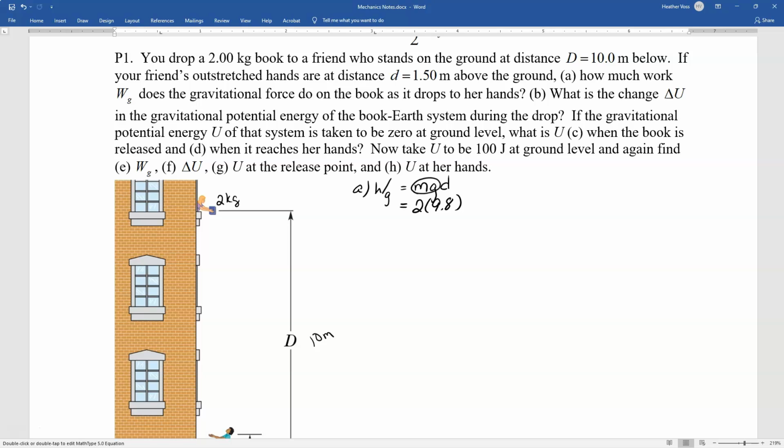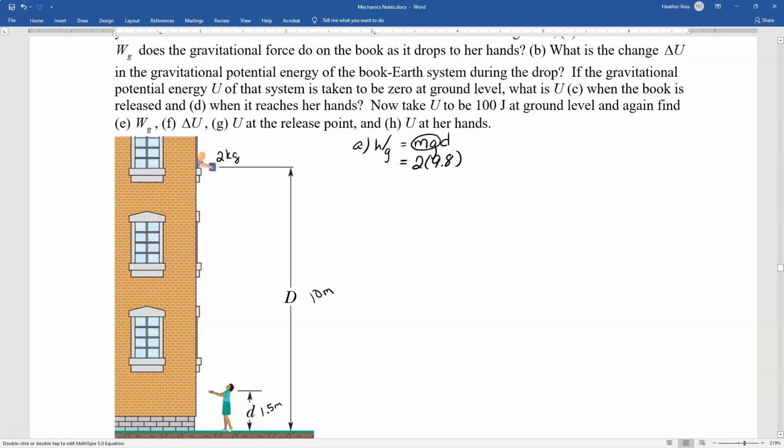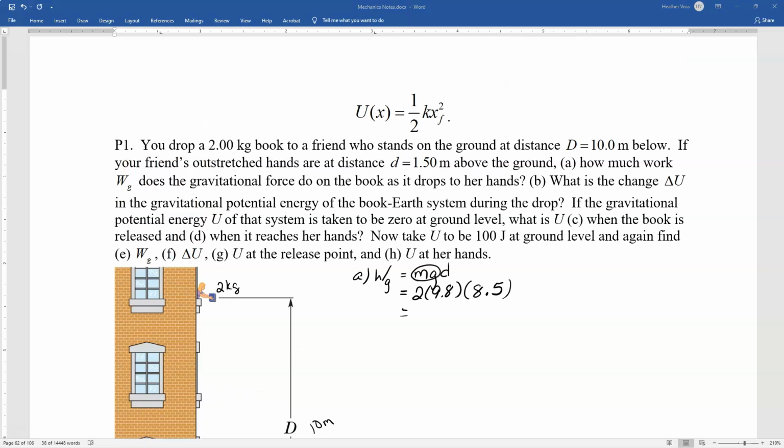Well, let's look. We are dropping it 10 meters down, but it's not landing 10 meters down. It's landing 8.5. So if we come in here with this calculation, this is going to give us 166.6 joules. So that is what the work is for the gravitational force.